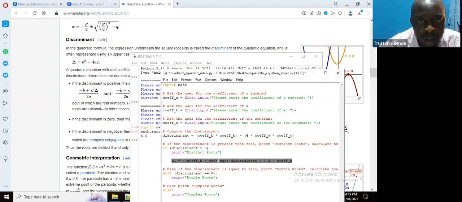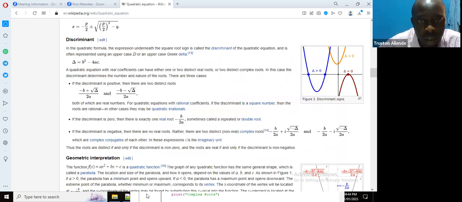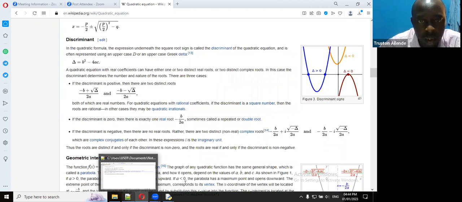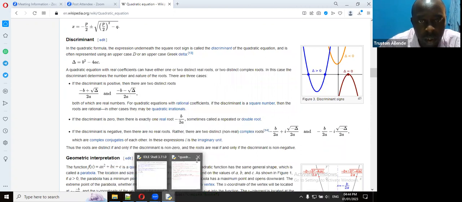For x2, however, you notice that it's minus. So we'll now print.